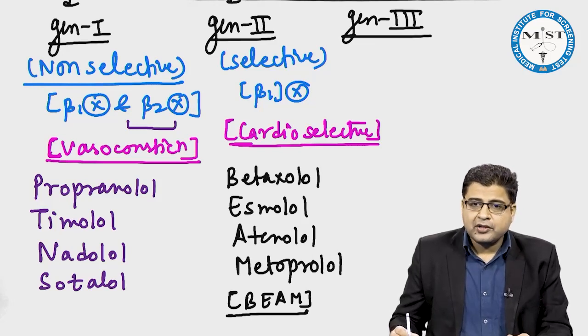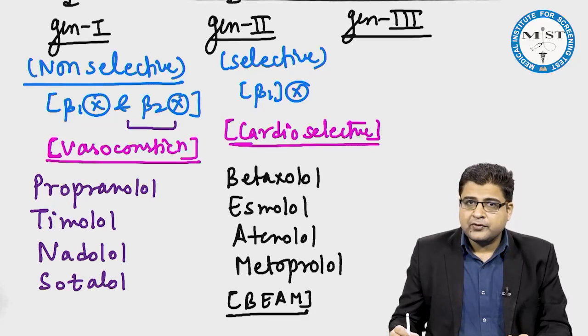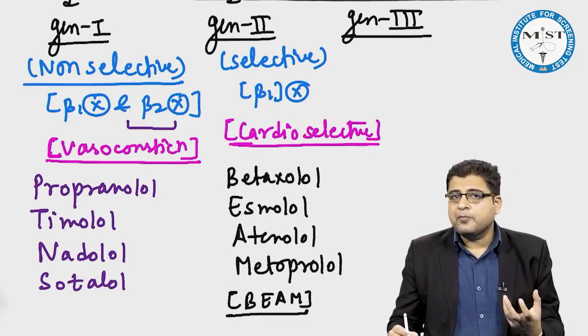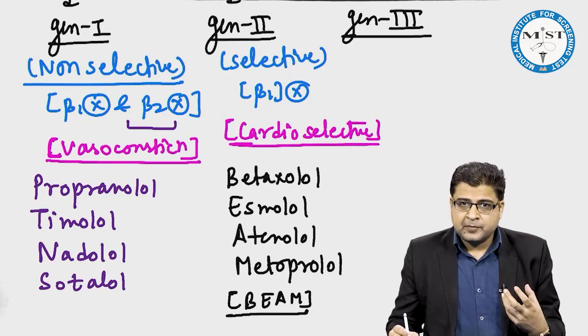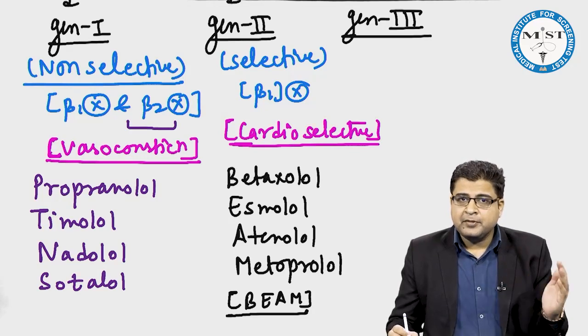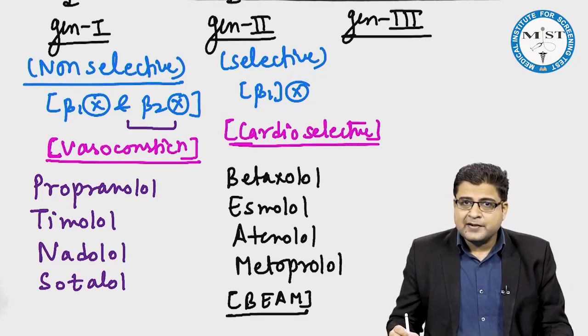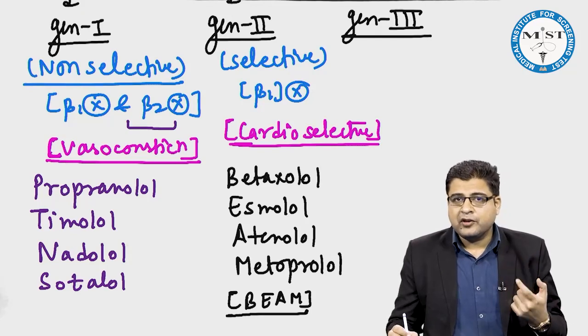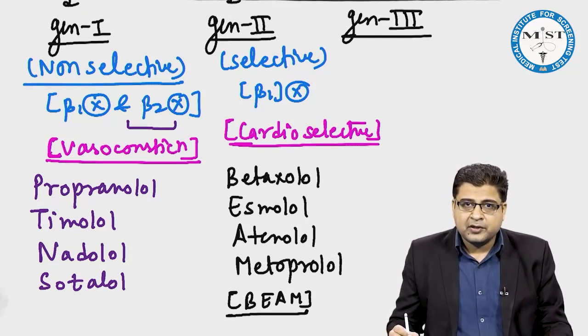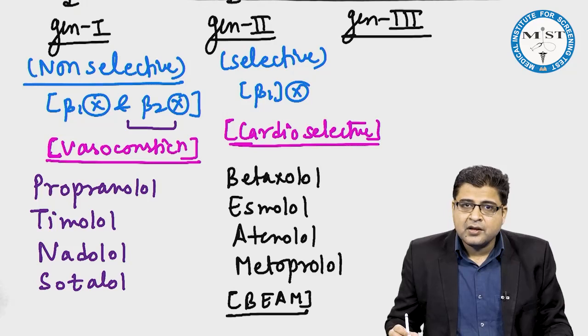Now if we talk about generation 3 medicines, generation 3 is a special group of beta blockers which have vasodilator property. And this vasodilator property is not related with their beta blocking effect. So all these medicines have some additional mechanism of action apart from blocking beta receptor, and because of that additional mechanism, medicines can dilate blood vessels.